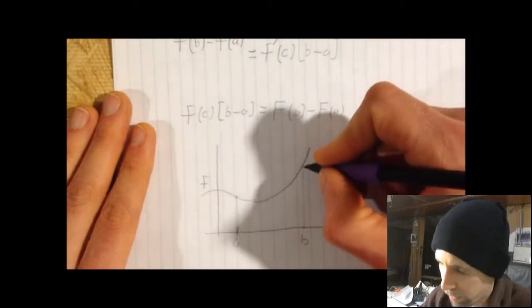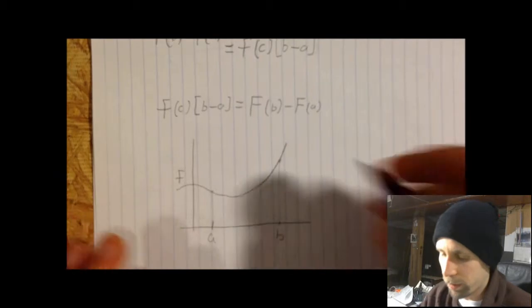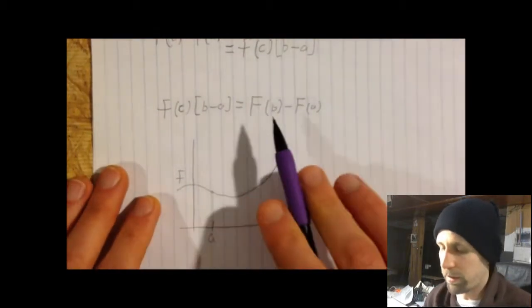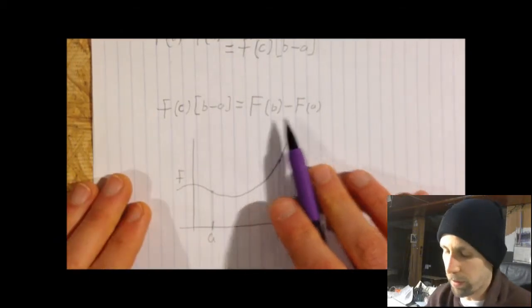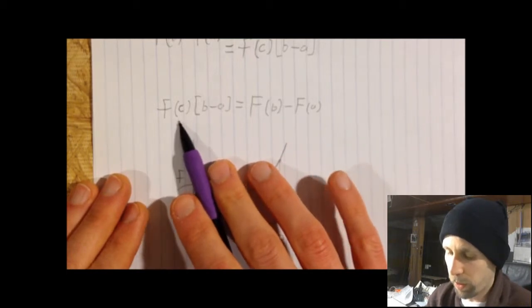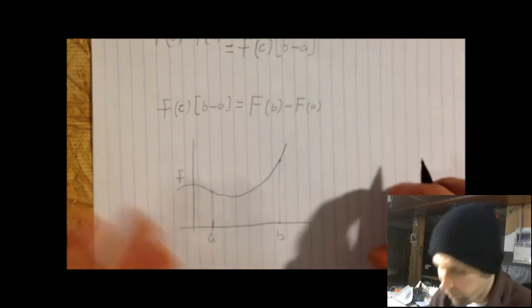Let me just restate that again in case that was unclear. The other way to look at the mean value theorem is that the difference in the antiderivative of some function can be traded in for the value of that function somewhere multiplied by the length of an interval.